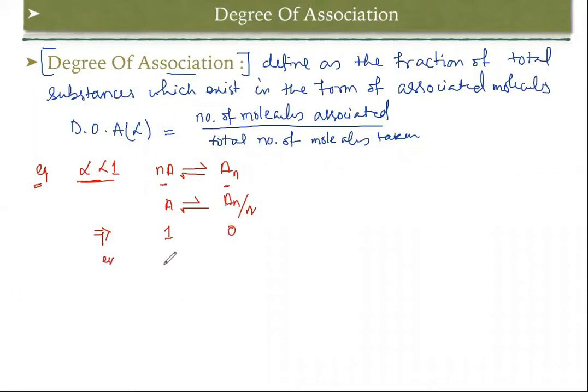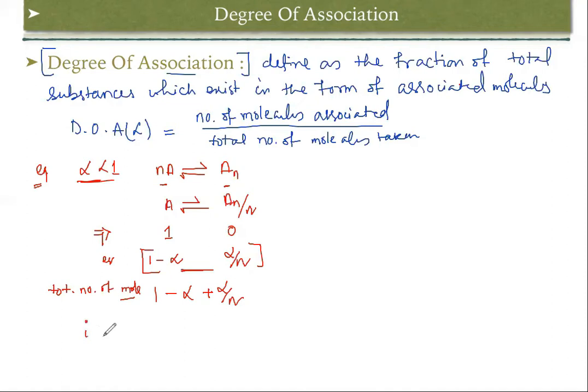At equilibrium, 1 minus alpha will remain and alpha by n will be associated. Now the total number of moles present in the association process is 1 minus alpha plus alpha by n.